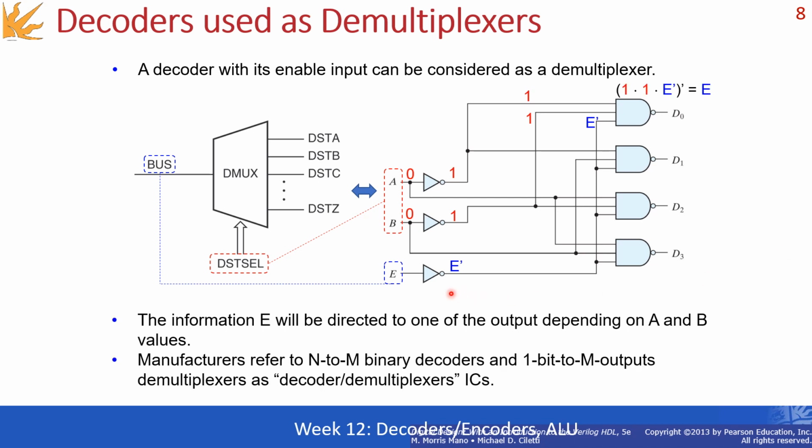So this information here, the enabling bit, is directed to one of the outputs over here, depending on the selection, which in this case would be the 2 input bits passed to the decoder. It's exactly the same as in the case of a demultiplexer.